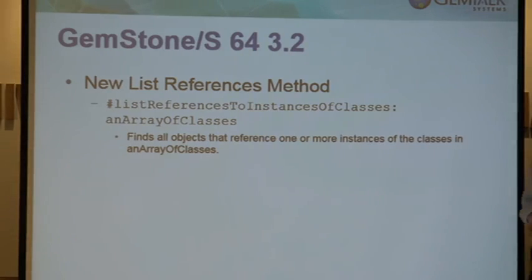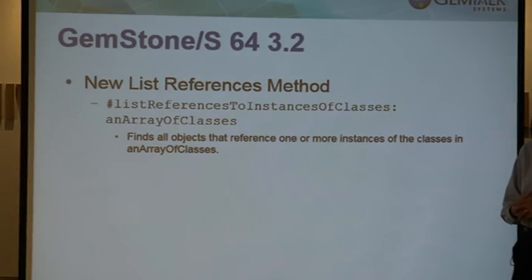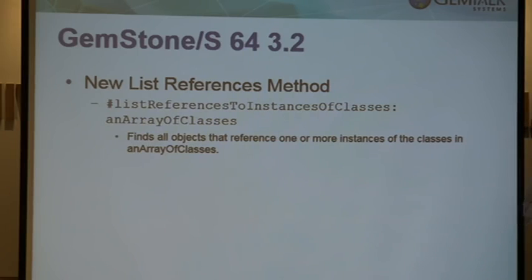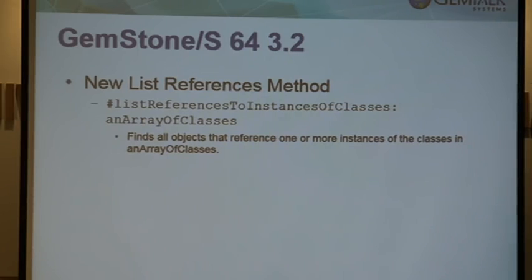So you can say, find not just all the instances of this particular class, but find me everyone that references an instance of this particular class. Something like that is particularly helpful for changing the references to being immediates.